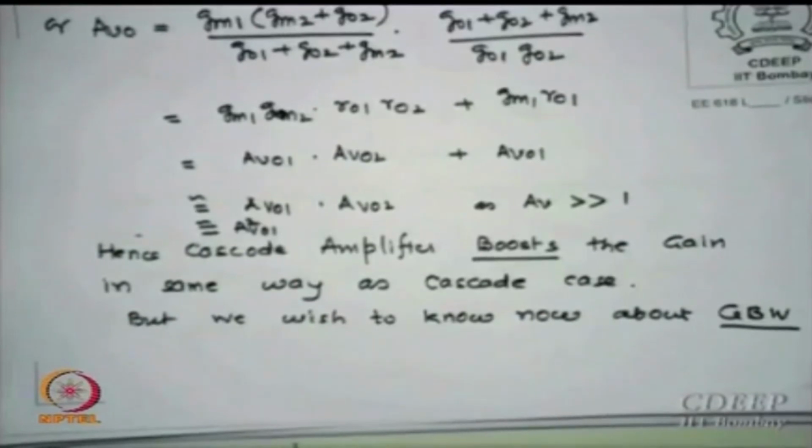So what was the problem I said? If I make AV1 and AV2, or AV square, the gain bandwidth will have new gain, but the bandwidth will go down because GBW is constant. As I keep putting cascade stages, my bandwidth will keep on reducing by that number, but does cascode do the same?